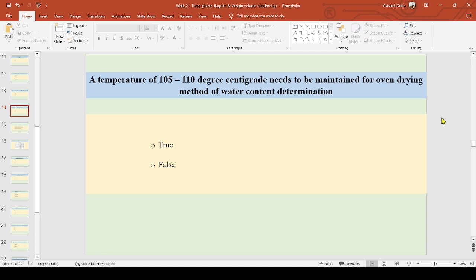Along with it, I'll be asking you what will happen if the temperature is less than 105 degrees centigrade and what will happen if the temperature is more than 110 degrees centigrade. If this is true, then what will happen if it goes beyond the prescribed range, and if it is false, then what is the actually prescribed range?